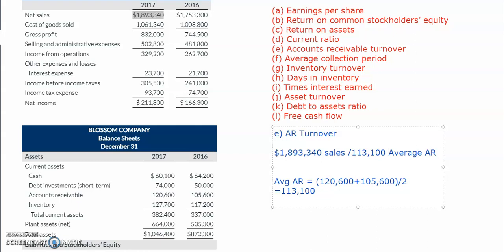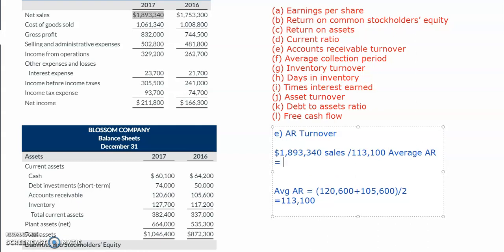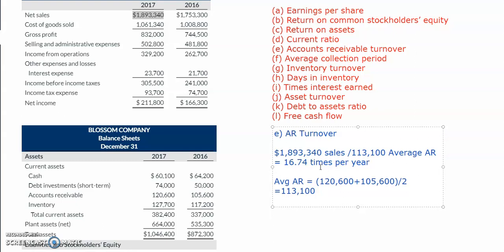So that gives me an accounts receivable turnover of 16.74 times in a year. So that means I'm going to make sales and collect on my accounts receivable about 17 times per year.